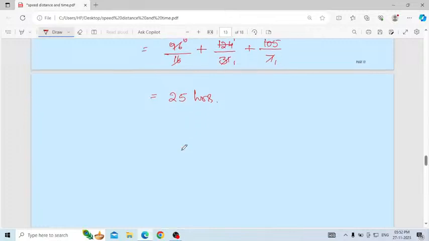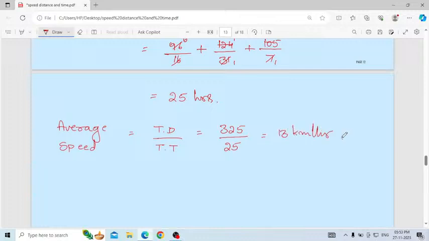Then here you have to calculate the average speed. How will you calculate the average speed? Total distance divided by total time taken. Total distance is 325 divided by 25. It will be 13 kilometer per hour.